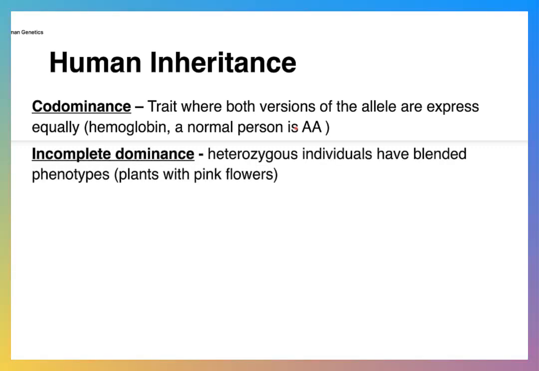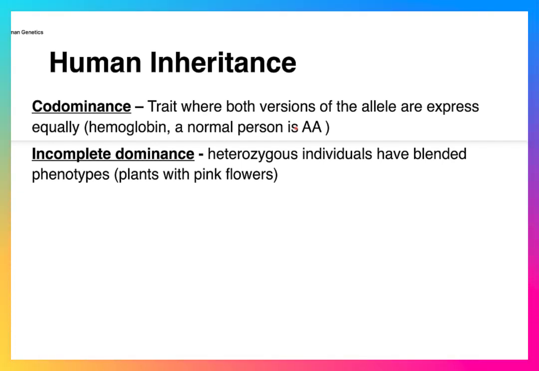Again, we talked about incomplete dominance in the past. It's a mixing or a blending of phenotypes based on the heterozygous situation. Now, this also happens with codominant traits, such that sometimes when there's codominance, the resulting phenotype is a mix between the two.